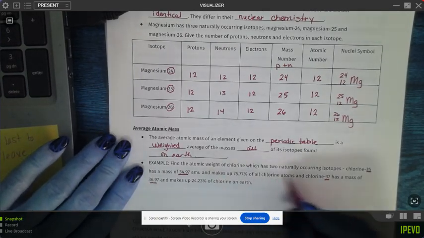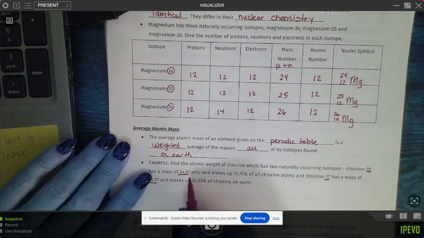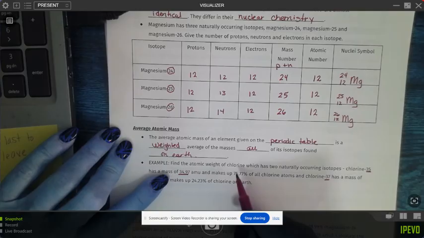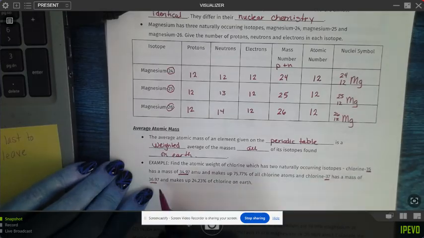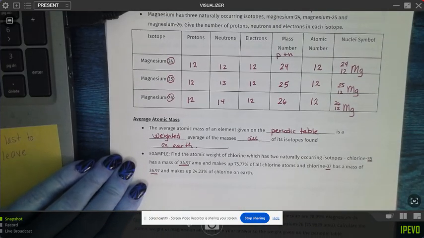So what we do is we want to find the average atomic mass of chlorine, okay? So this says that chlorine 35 has a mass of 34.97, and that makes up 75% of all of the chlorine atoms. And then chlorine 37 has a mass of 36.97, and that makes up about 25% of all the chlorine on Earth.